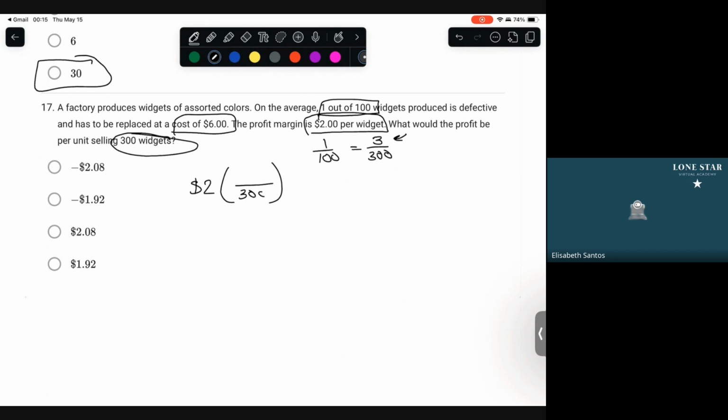So out of 300, how many work? 297. And then we subtract the cost we have to pay to replace those broken widgets, so that's minus 6 times 3 over 300. Type that into the calculator. What do you get? $1.92. Okay, and that's the end.